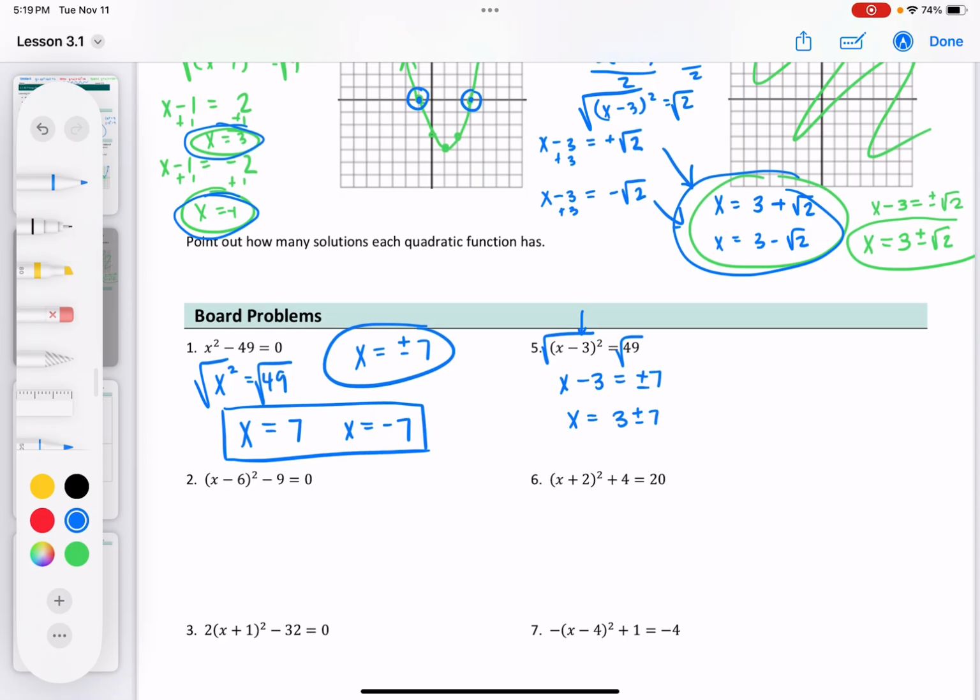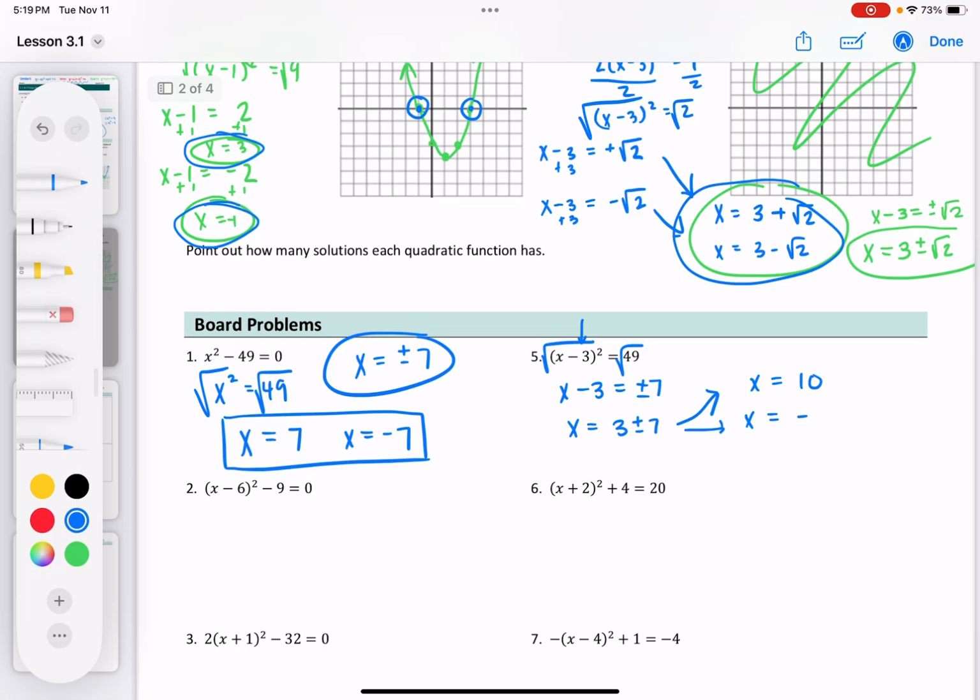Well, you could simplify that to 2 different numbers. So I want you to actually write out the simplified. 3 plus 7 would give me 10. 3 minus 7 would give me negative 4. So my 2 answers are 10 and negative 4.